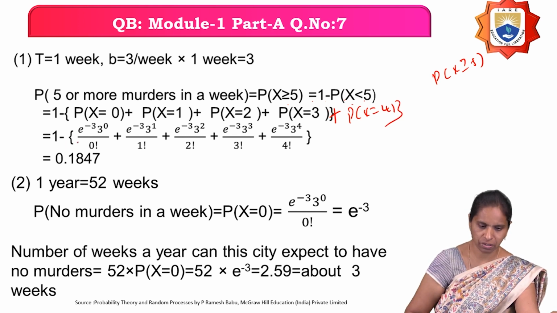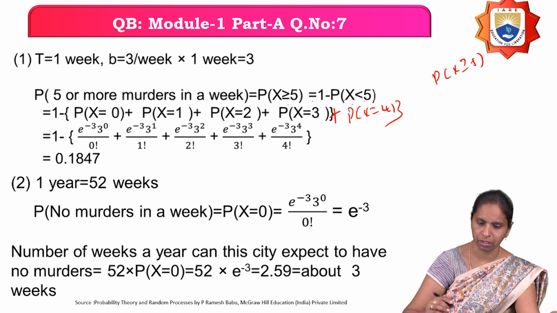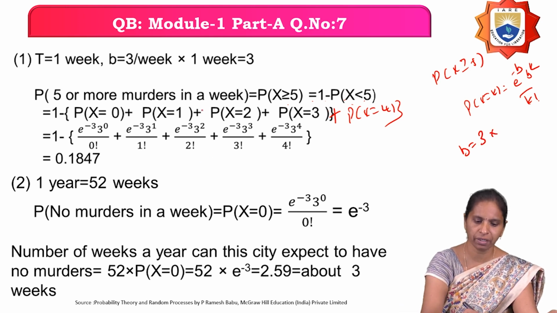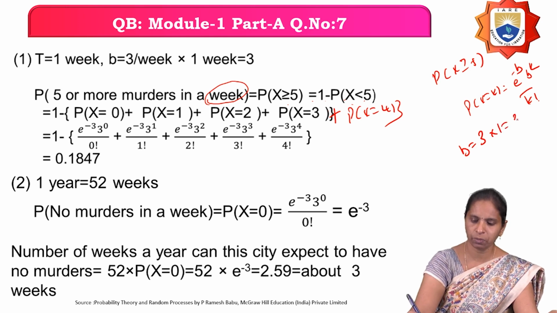What is P of x equals k here? e power minus b, b power k, by k factorial. What is b here? Lambda into t. Lambda is 3 per week, and the time duration of interest is 1 week. So 3 into 1 is 3. So here b equals 3.